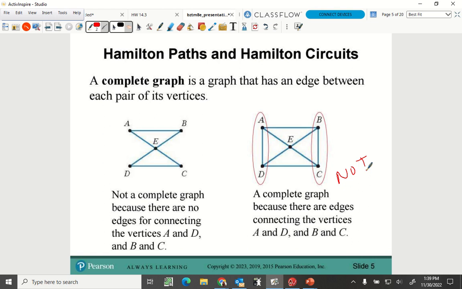It's going through E. So wouldn't that be the same reasoning that this one is not, because it has to go from A to E to D? This one doesn't have a line connecting A to C. That's what's missing there. There's an edge for AE, and there's an edge for EC, but there is not an edge for AC.